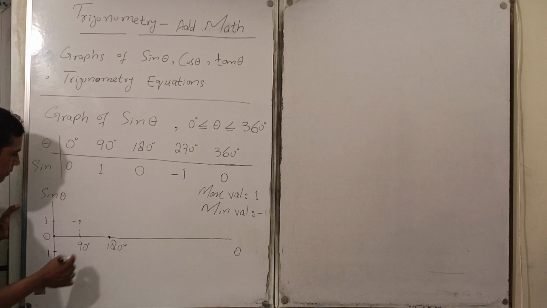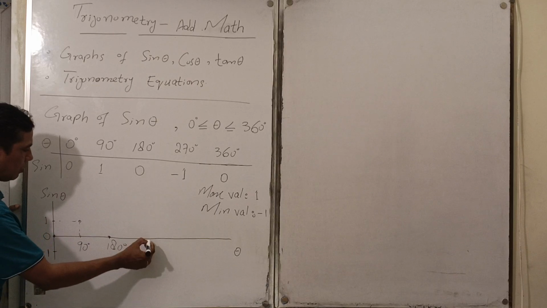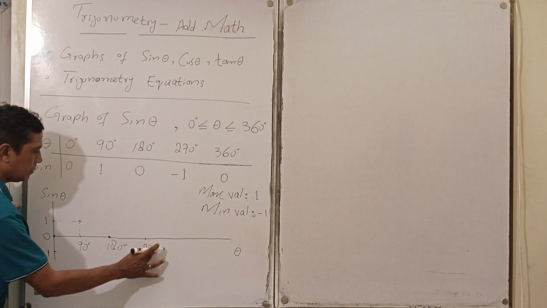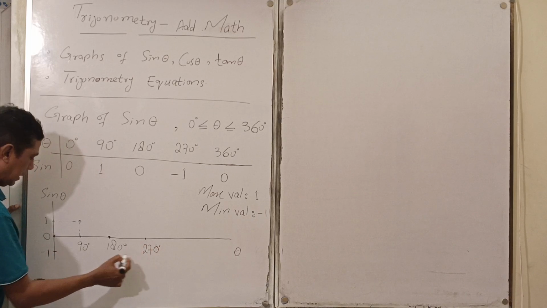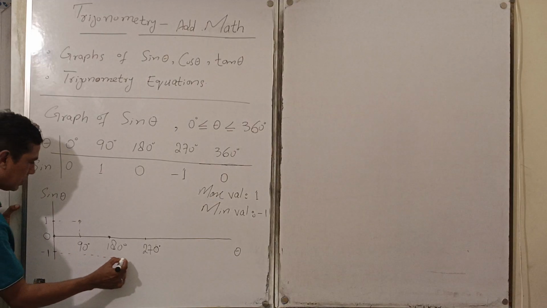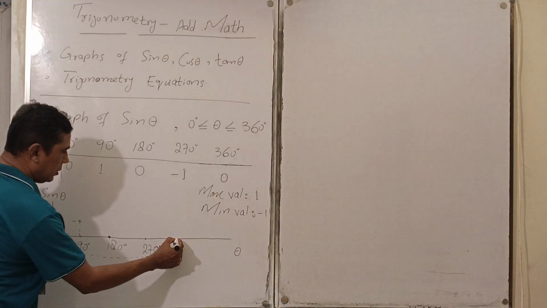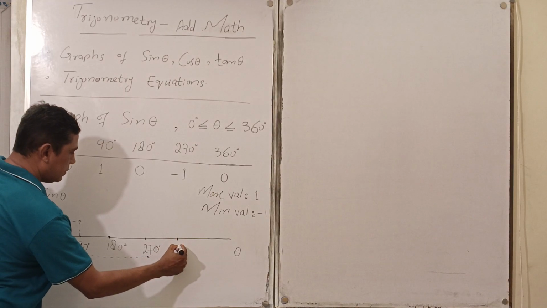Similarly, when you have 270, the value is -1. And when you have 360, the value is 0.